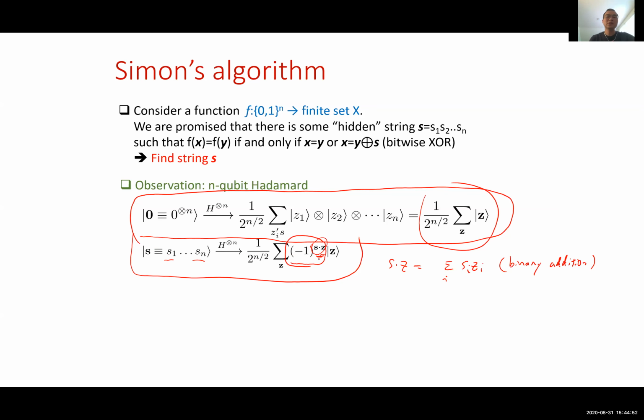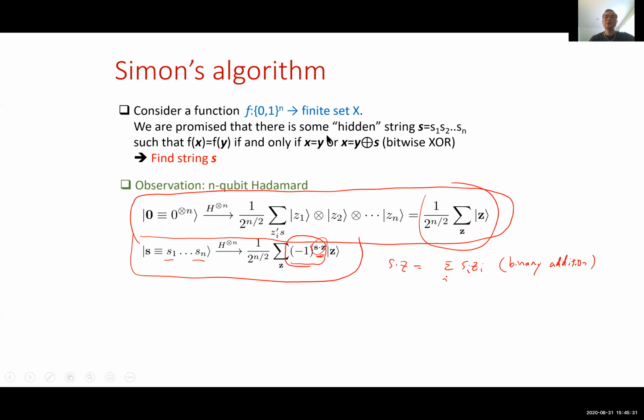So let me just say what Simon's algorithm does. Suppose there's a function f mapping from n bits to some finite set. Again, we promise that f has the feature that there is some hidden string s, s1, s2, through sn, such that two different arguments evaluate to the same value if and only if the two arguments differ by the string s.